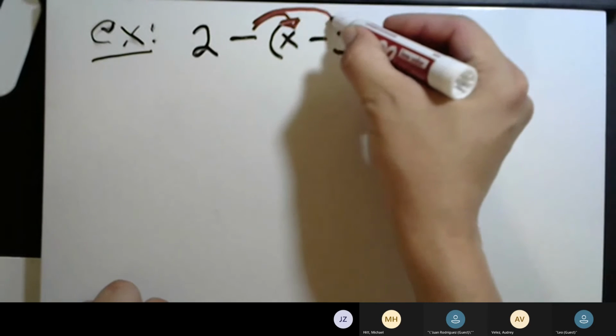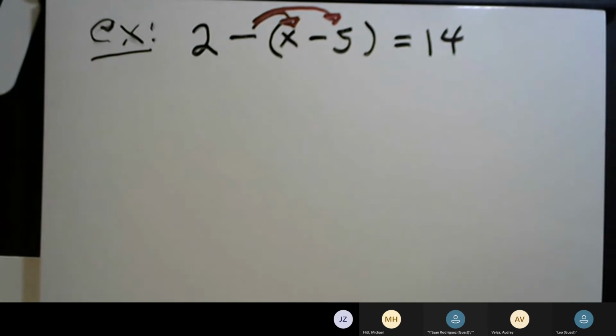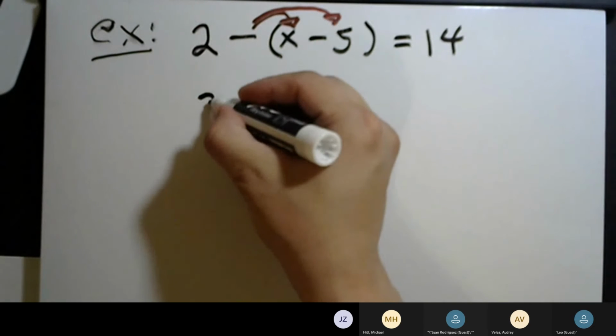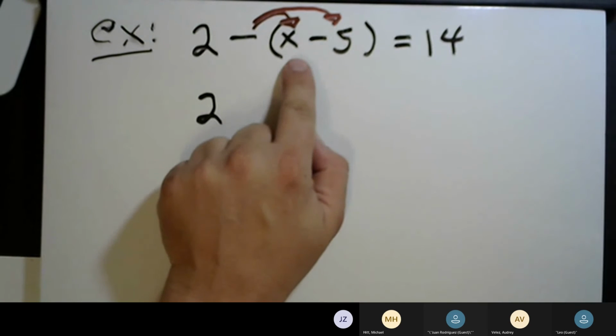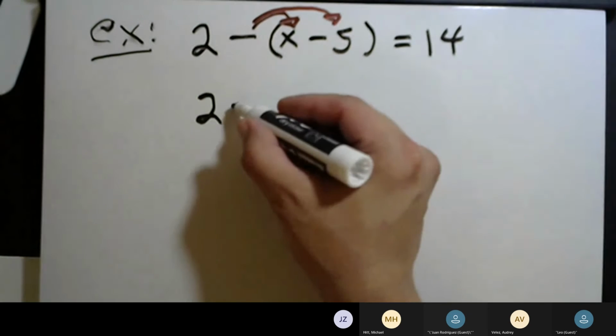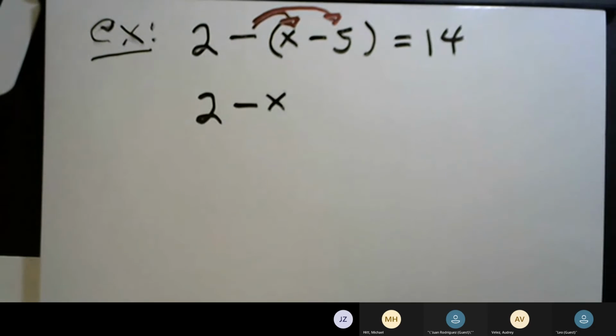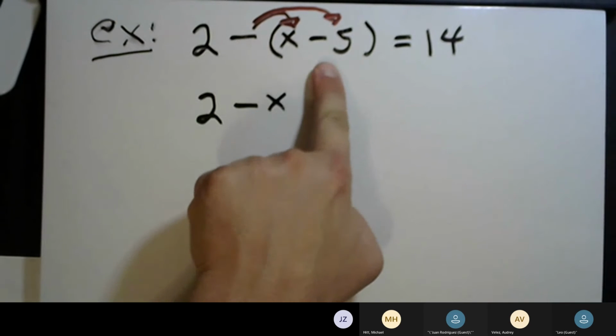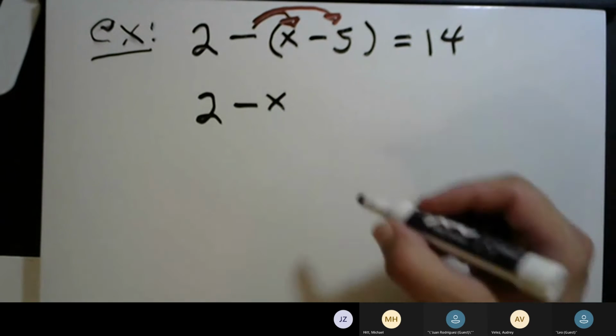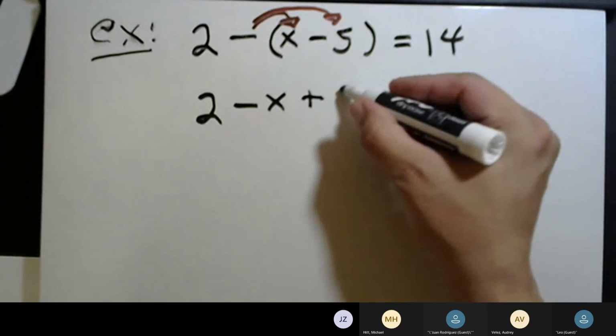And we do that by distributing the minus sign. So we have a minus goes to x, that makes it a minus x. I have a minus and a subtract 5, that's going to be a double negative, which becomes positive.